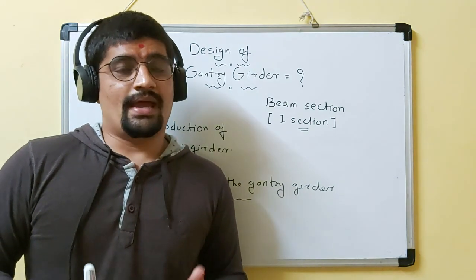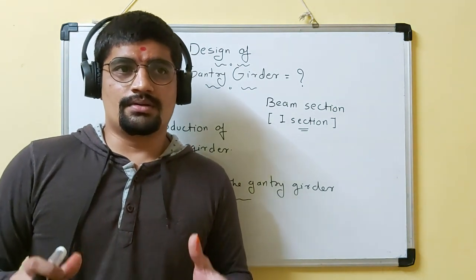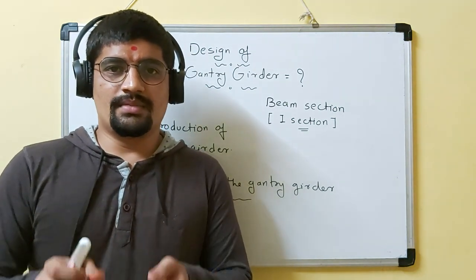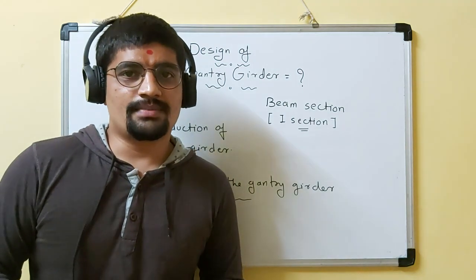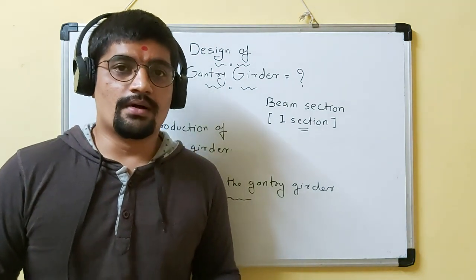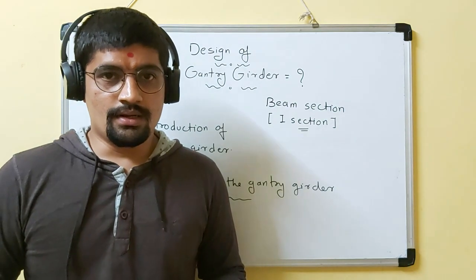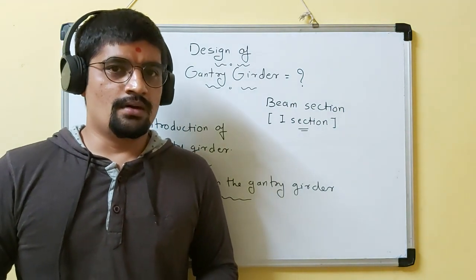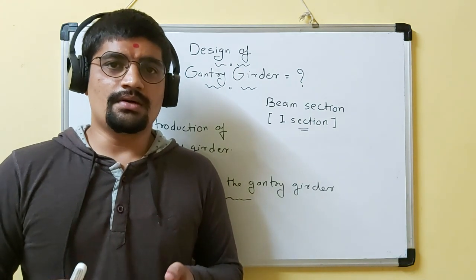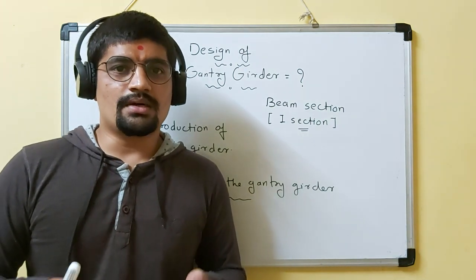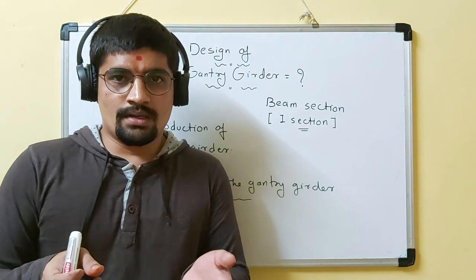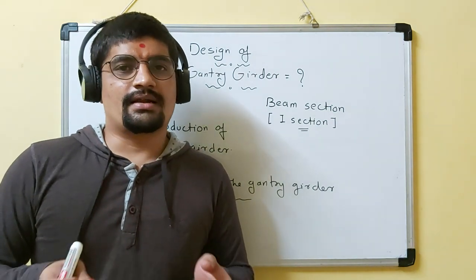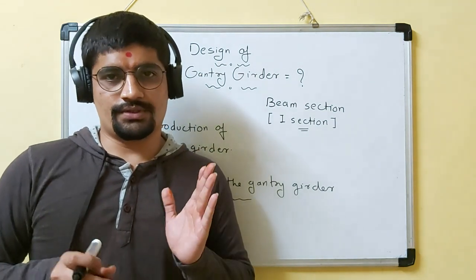At that site, to lift a major load, like an RCC pipe of 50 to 100 kilonewton load, it can't be lifted manually. We need some crane or equipment to lift it. At that site, gantry girders are being used.